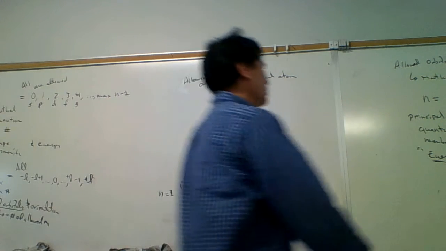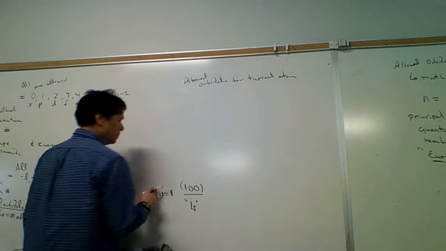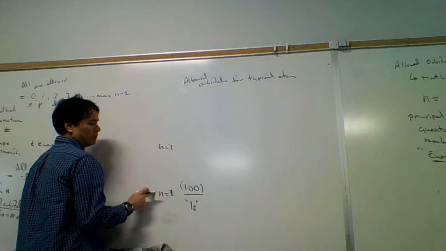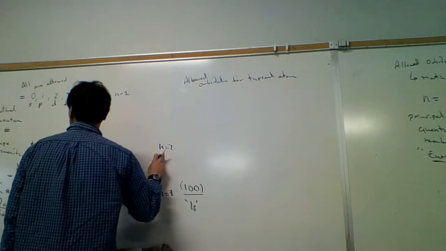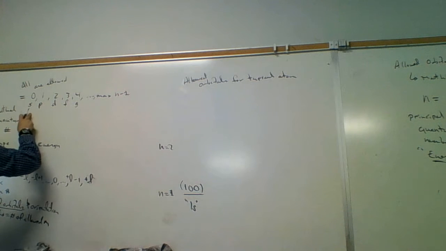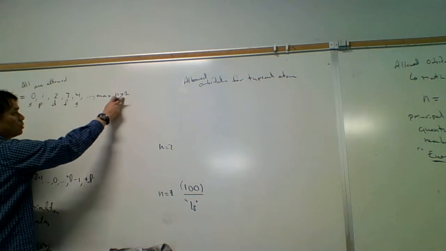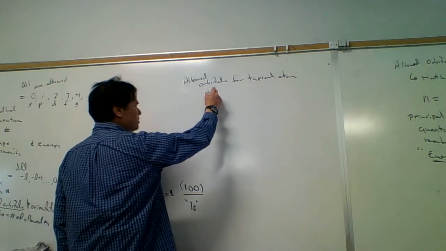Okay, the next allowed n value is n equals 2. So if we go to n equals 2, there's going to be a jump up in energy. It's going to be a significant jump up in energy from n equals 1 to n equals 2. When n equals 2, what are my allowed L values? I have 0 and 1, because 2 minus 1 is 1, so the max. And so what I'm going to do is I'm going to divide this.